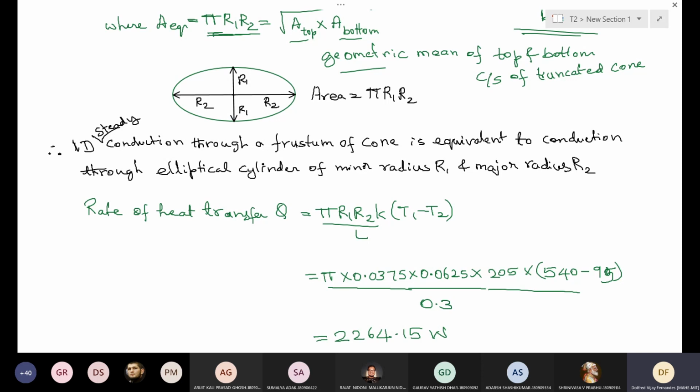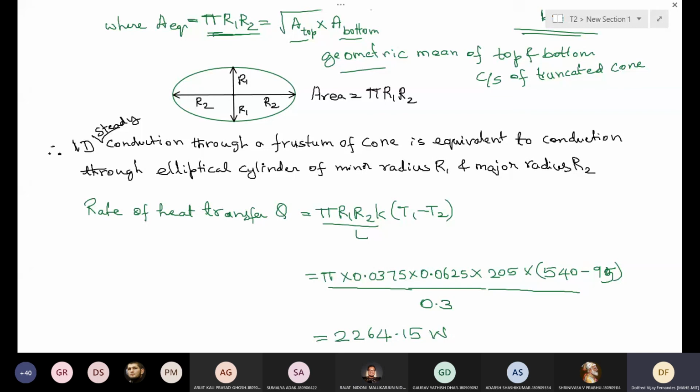Who raised that? Nachiketa? Rajat, you got that, right? In question number 2, I gave one formula to calculate the rate of heat transfer. Did you cross check that?